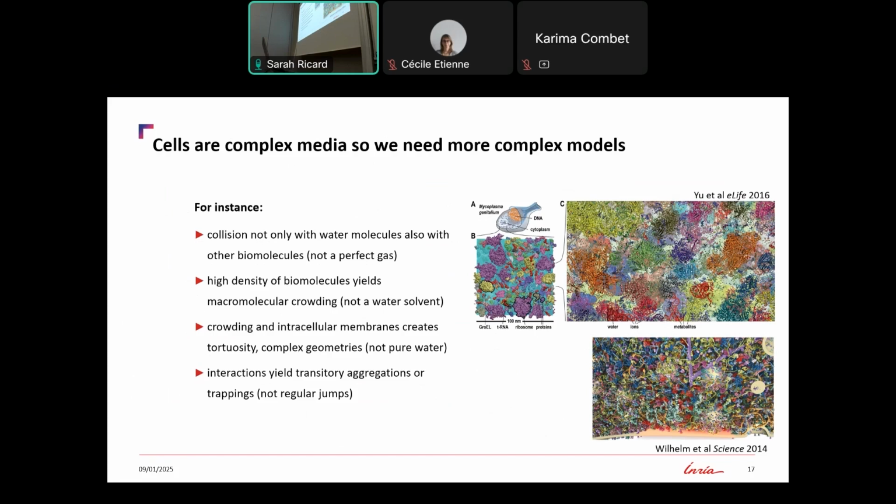Except that it's not that easy, because it turned out that if you are a theoretician and you start with the idea of a random motion, that at each time step you move randomly, you will see that whatever you modify from the Einstein model, you end up with a Brownian motion.